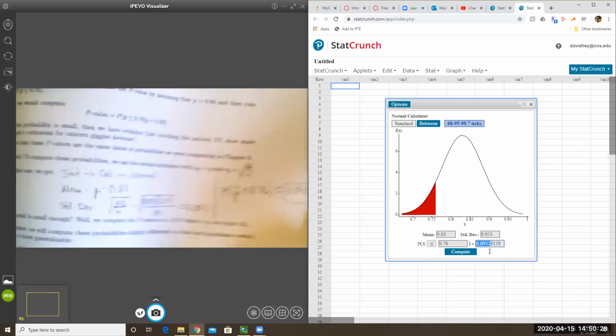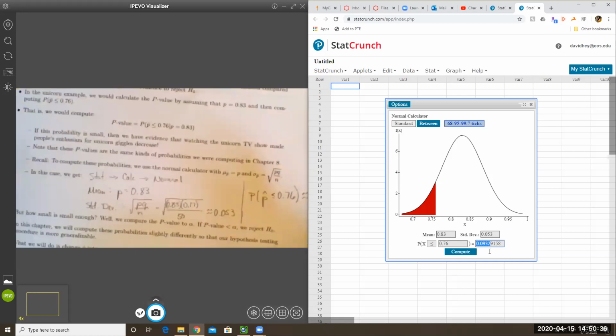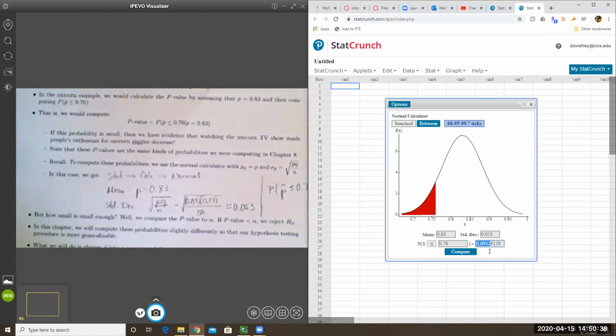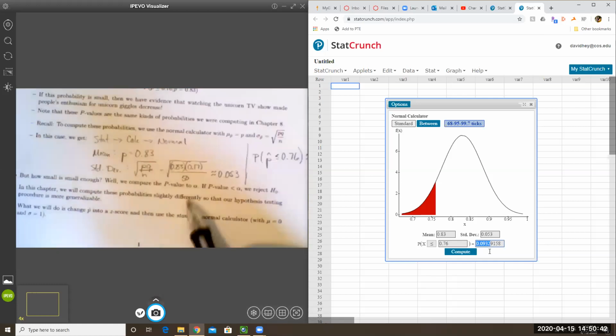So is this small enough? We want our p-value to be small in order to reject the null hypothesis, but is this small enough? Well, in order to figure that out, we need to compare our p-value to alpha, which is our level of significance. And we talked about what alpha was in the previous section.